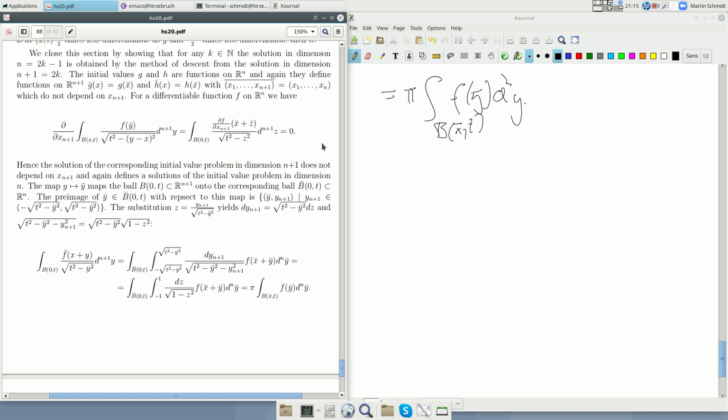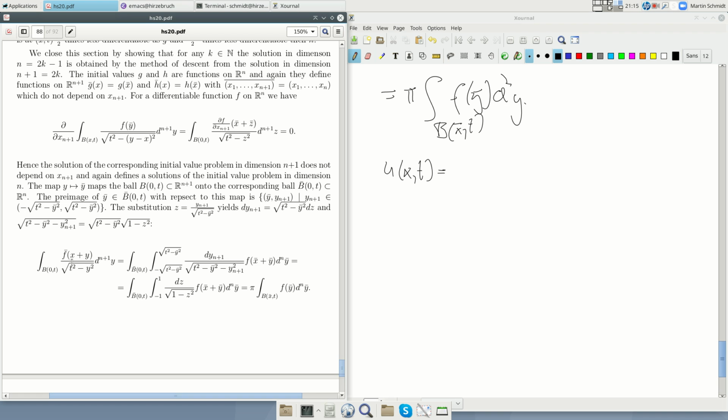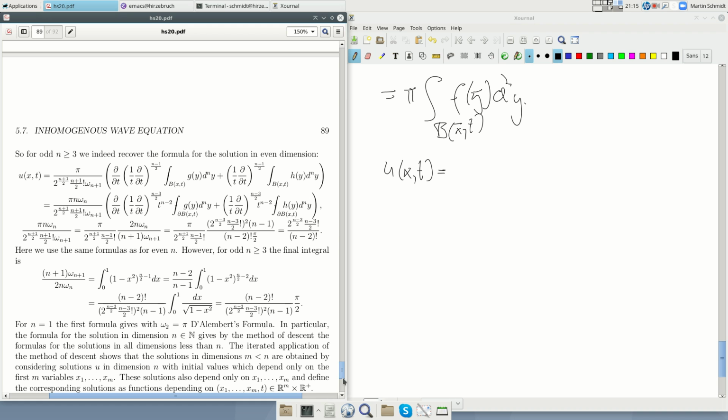Yeah, now we insert this in our formula, and so we obtain u of x,t is equal to pi.